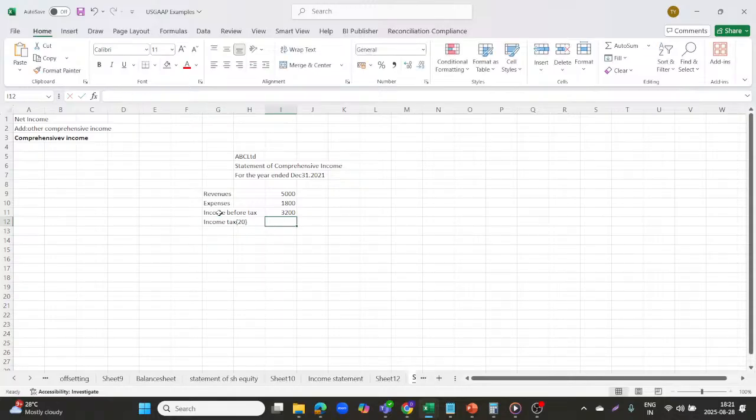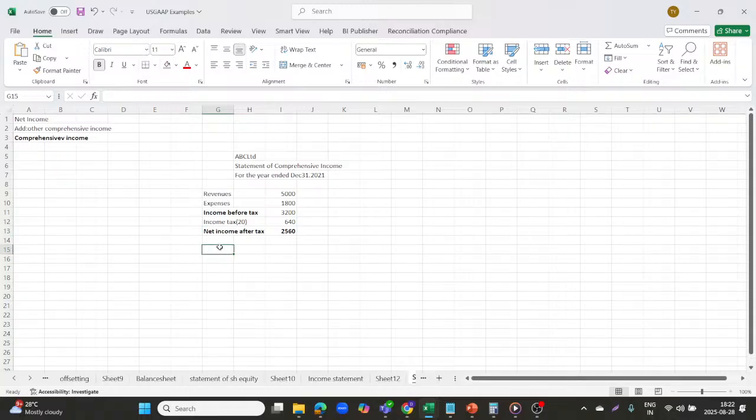So 20% on it will be 640, and so the net income after tax will be 2,560. So this will be your net income after tax. Okay, so this is how you prepare the income statement. Revenue minus expenses gives the income before tax, and then when you charge the income tax, you get the net income after tax.